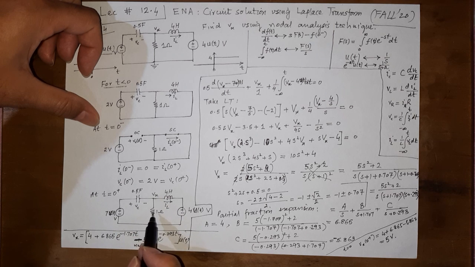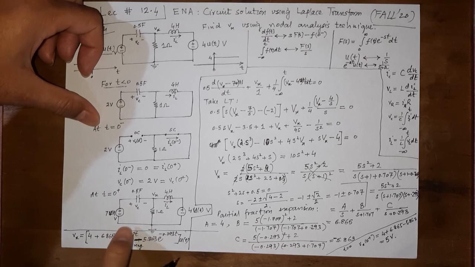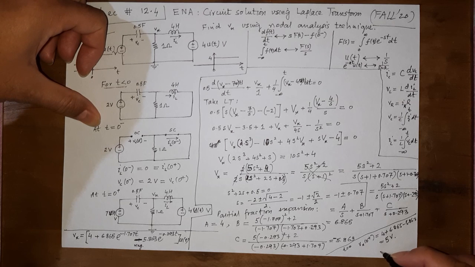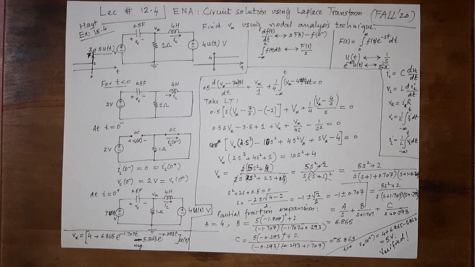I hope you understood this. We have 7 volt here, or we can have KVL applied. So minus 7 plus 2 plus Vx is equal to 0, which gives us Vx equal to 5 volt. So it is verified, at least by checking this condition, that this is true.